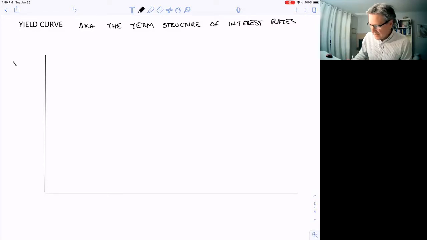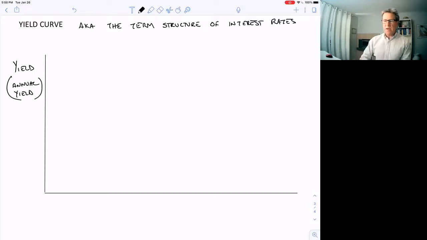So on the vertical axis, we'll put the yield of the government bonds. This is an annual yield. So how much you would make in a year on interest if you held those bonds. And down on the bottom here is the term on the horizontal axis, from very short-term bonds to long-term bonds. So down here might be the 1-month bond, the 3-month bond.